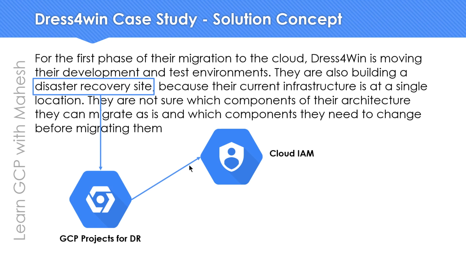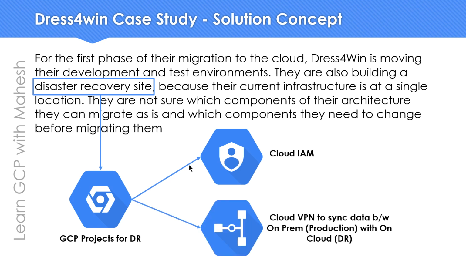But apart from this, the most important thing is, because it is a DR, you need to synchronize the data between the production which is there on premise, and the DR which is there in GCP. So what does that indicate? Networking. And specifically in networking, cloud VPN is an important component, and you may get questions on cloud VPN because the data needs to be synchronized. So that is the important thing. So let's move on to the next part.